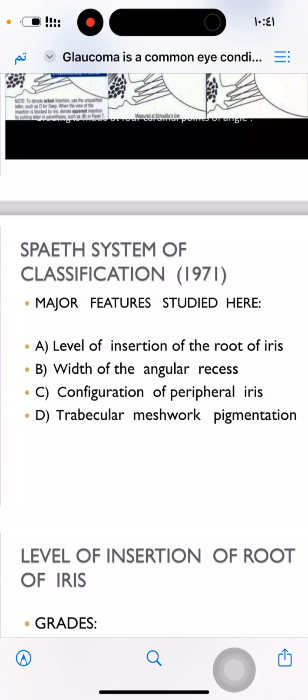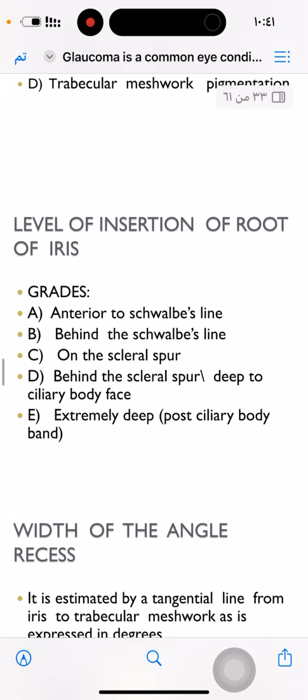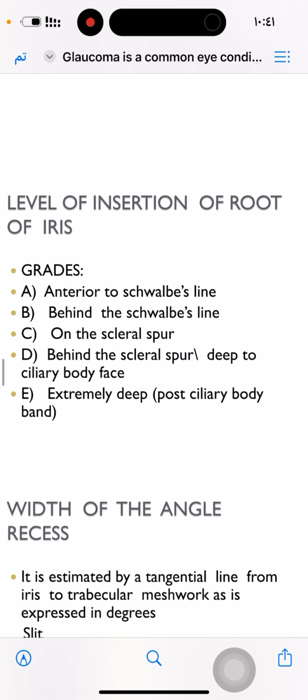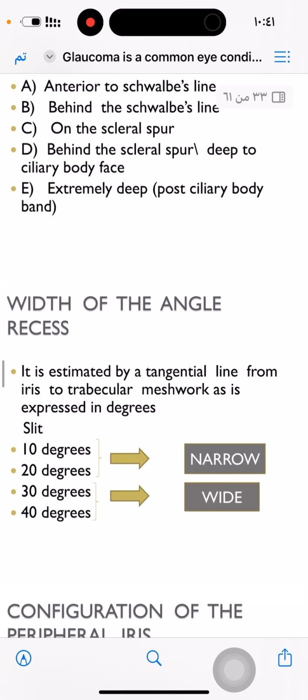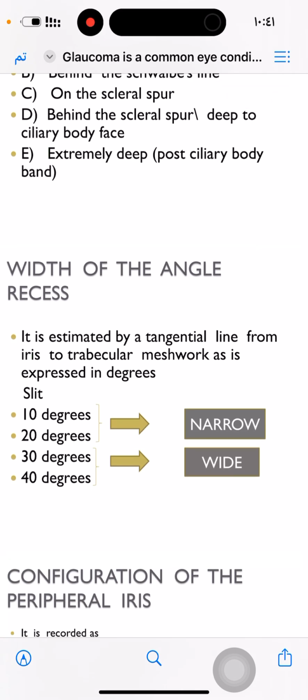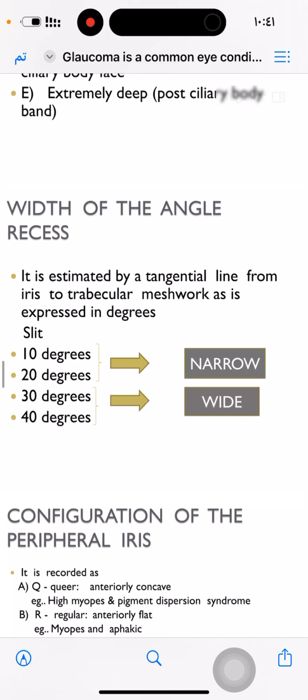Do not be worried, but you can know about it and read this system. Major features studied here: insertion. This is the procedure. Grades for insertion of the root of the iris anterior to Schwalbe's line, on the scleral spur, deep to the scleral spur, extremely deep at the ciliary body band. The width is estimated by a tangential line from the iris to the trabecular meshwork and is expressed in degrees.